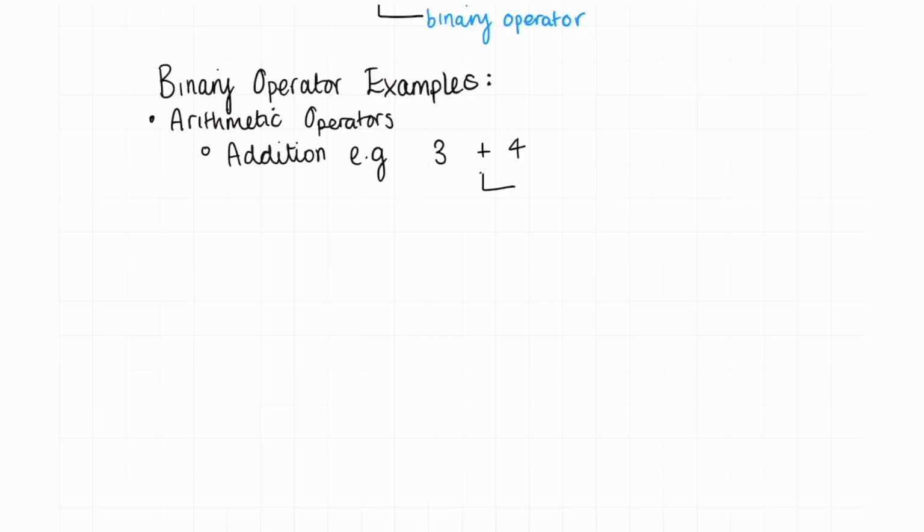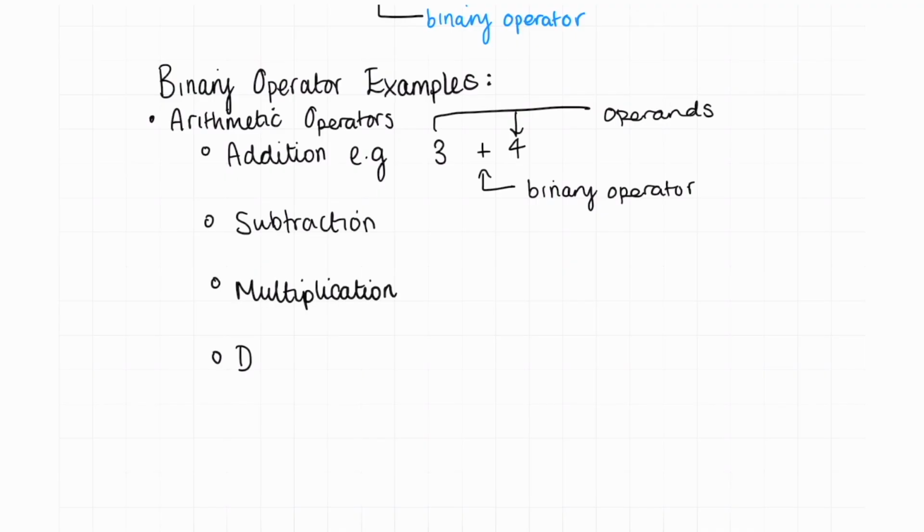Here you'll see we've got the binary operator, and here we have the operands. We have subtraction, multiplication, division, and the one that we've learned in a previous video, the modulus operator, for instance, 10 mod 3. We can see here we've got the binary operator and the operands.